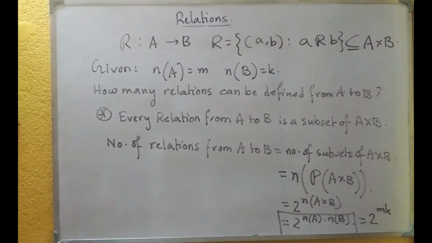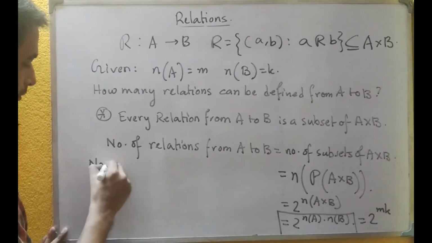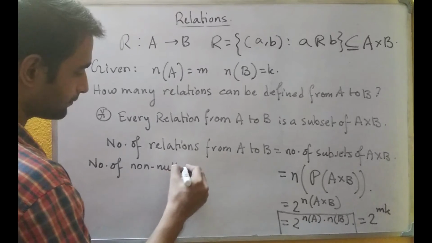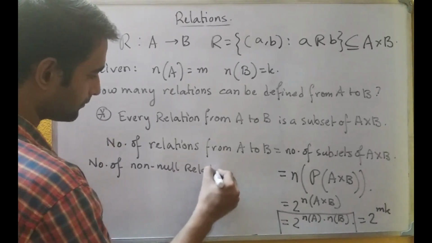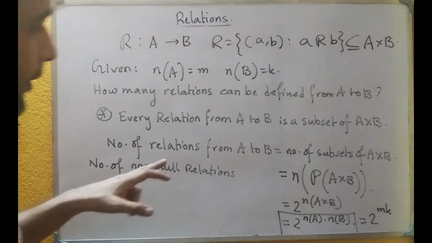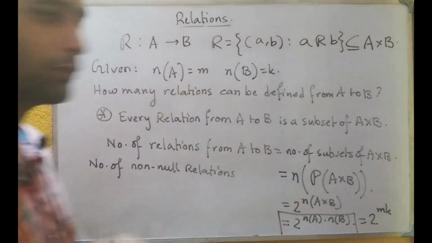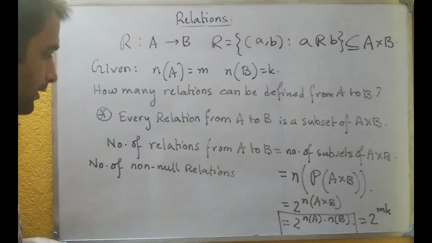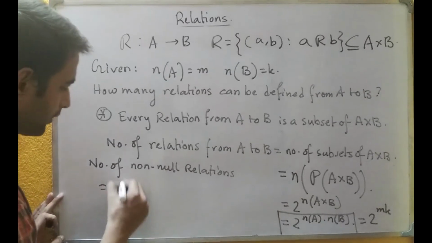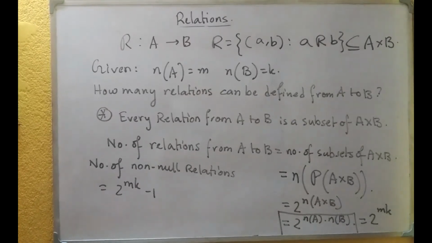Now see one thing, if it is asked to find the number of non-null relations, because whenever we are asking for the relations, we are also including the null relation. So if you are asking for the non-null relations, we have to subtract 1 from the total number of relations. So that should be 2 to the power mk minus 1.